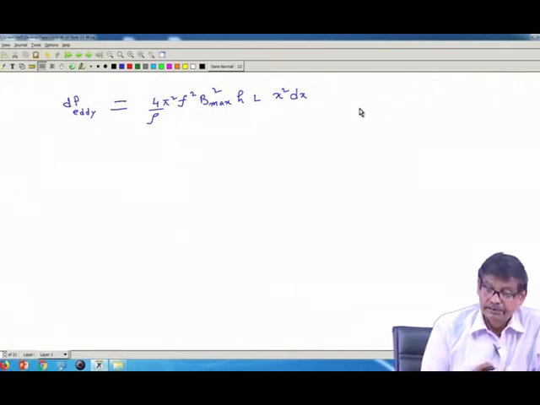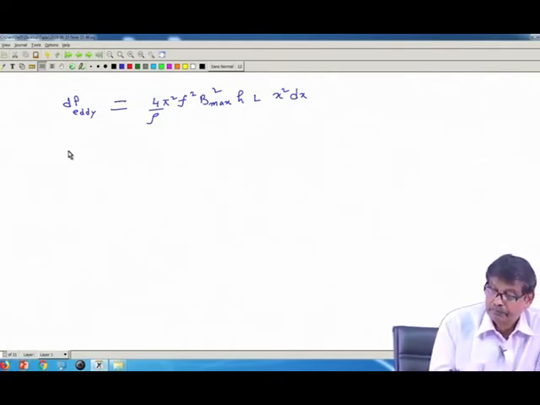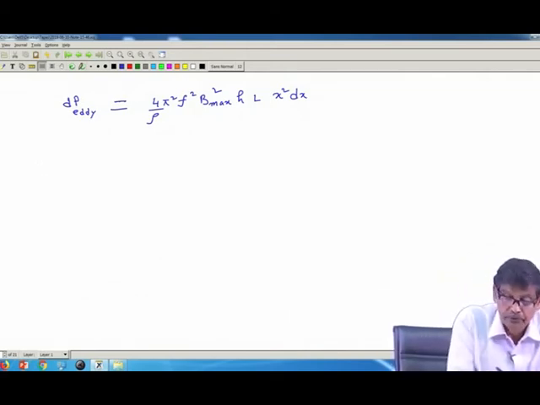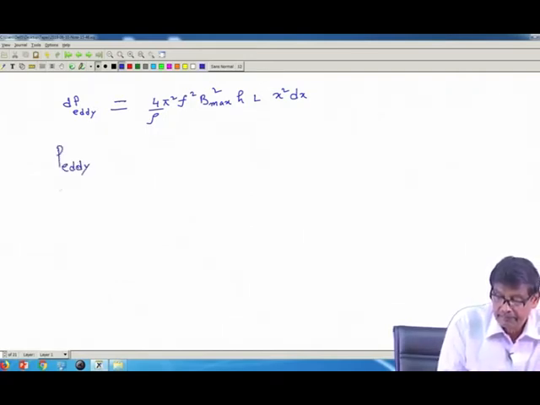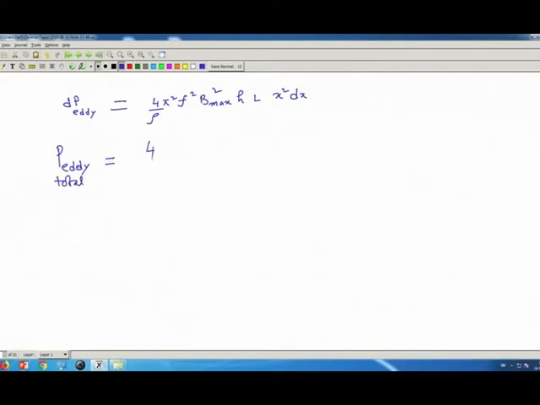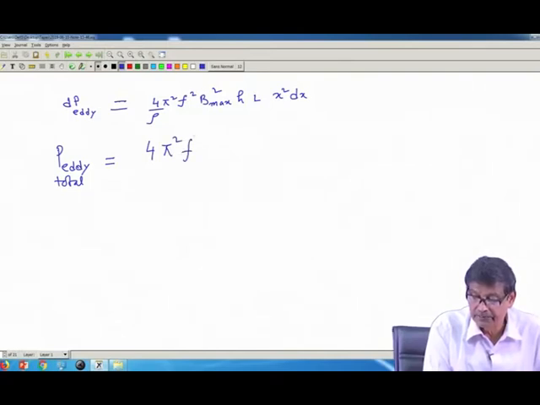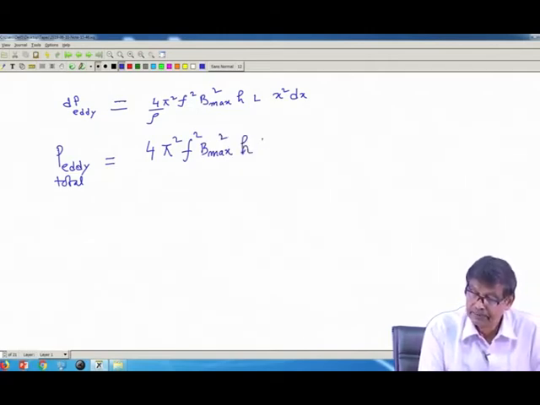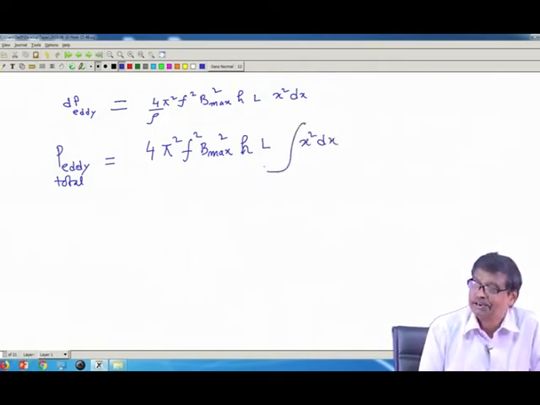Now, the question is how to get P eddy total. So, P eddy total in that plate will be equal to these constants, 4 pi square f square b max square into h into L, and this is x square dx, and this is to be integrated.